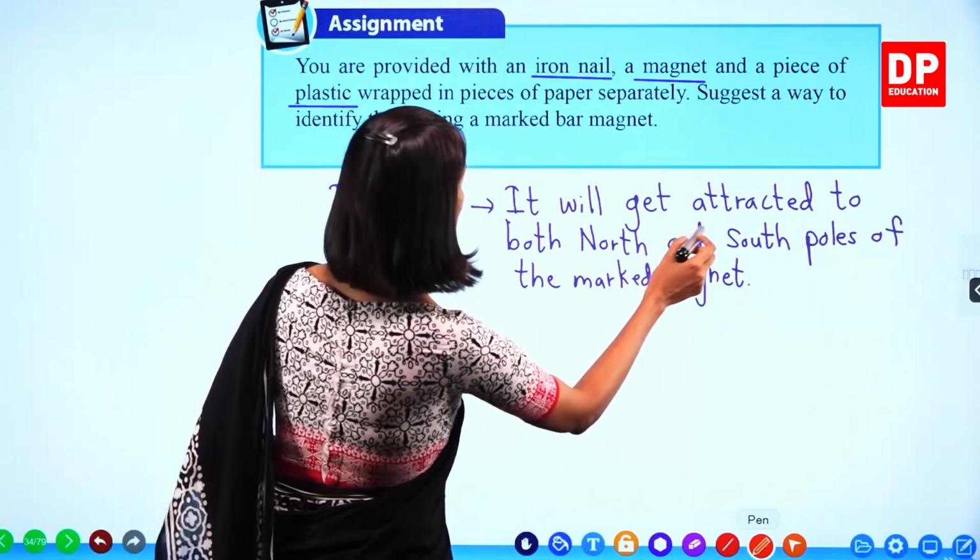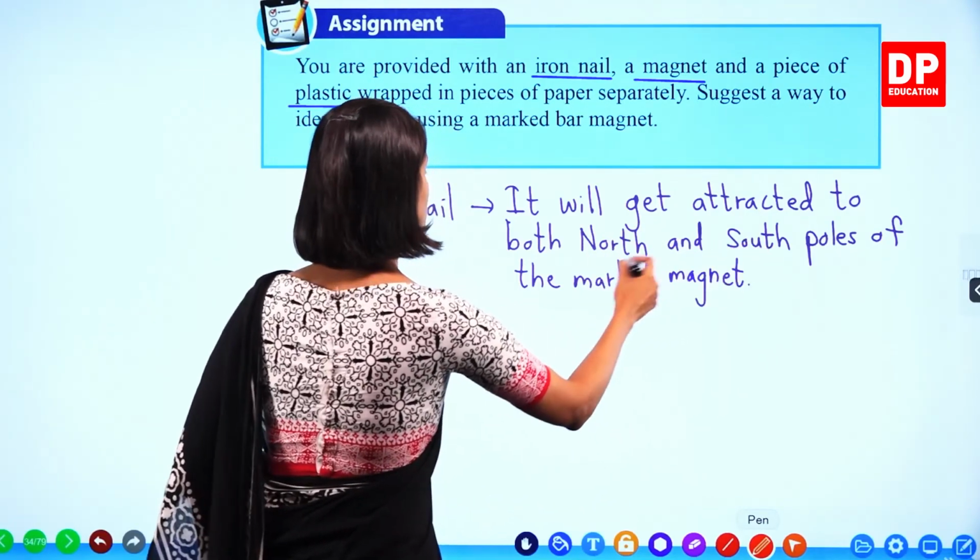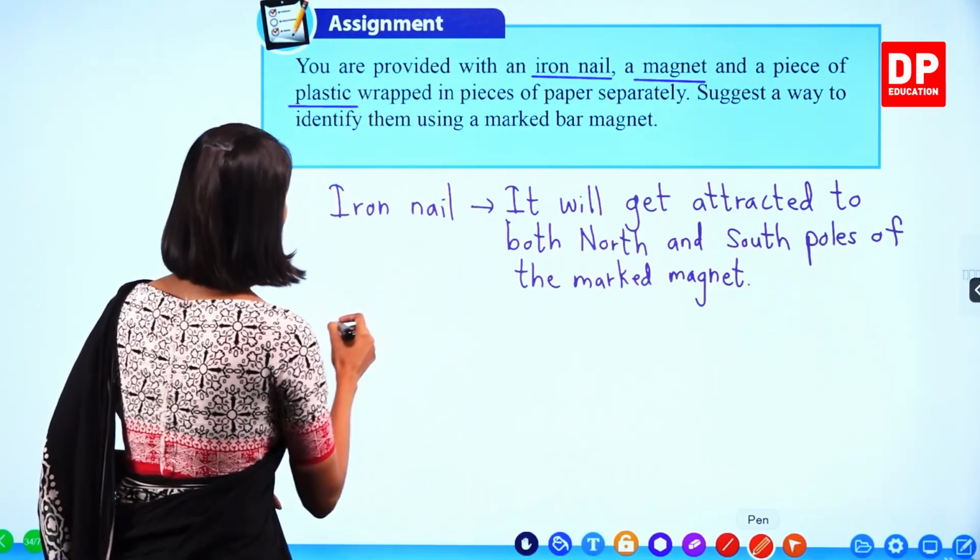It will get attracted to both north and south poles of the marked magnet, iron nail.